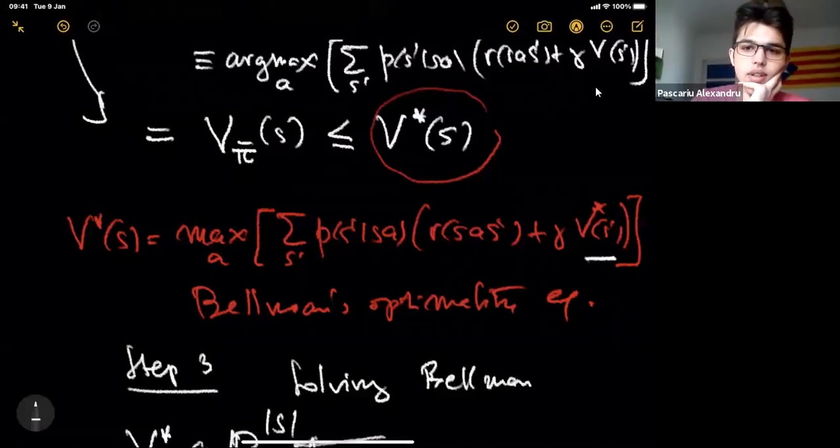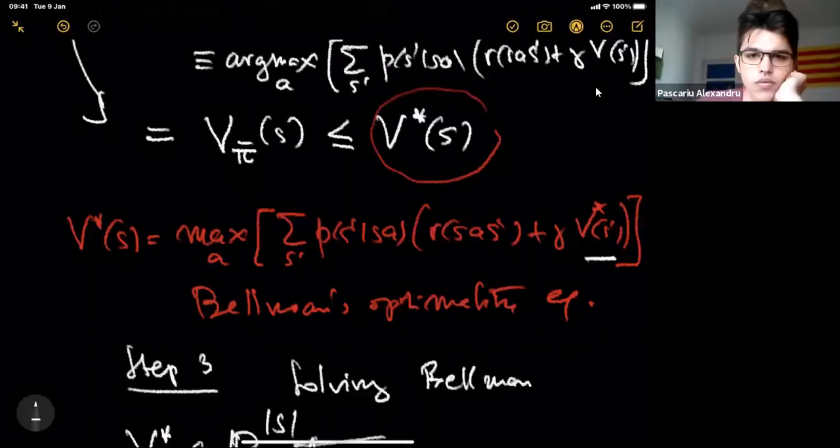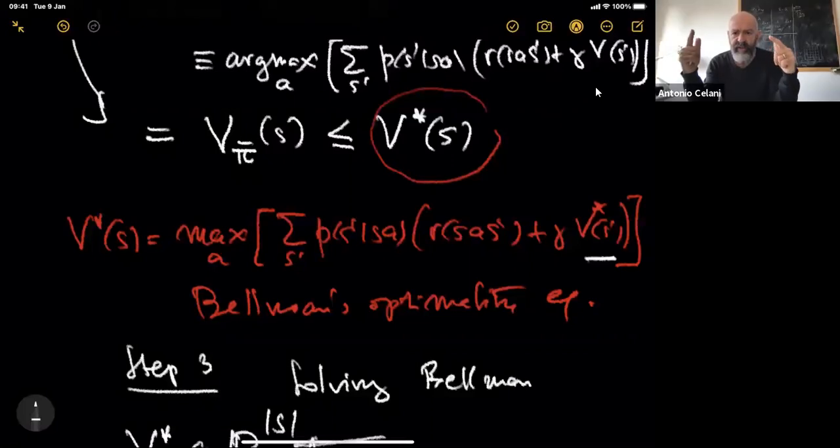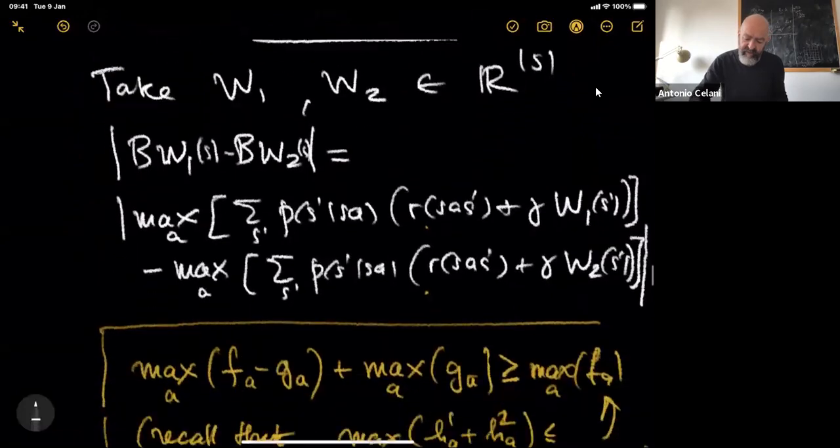Because we canceled the S and the action. We just assume that it depends on the place you land. Just to be clear, if you assume that it's from the place you start, it doesn't change much. It's just that you have one additional step in the iteration, which makes it a little bit more cumbersome, but doesn't change anything. You can think about it. You will realize that it's a minor modification.